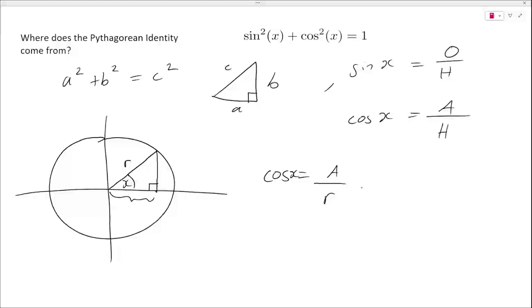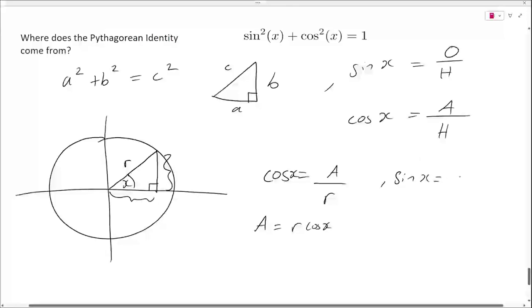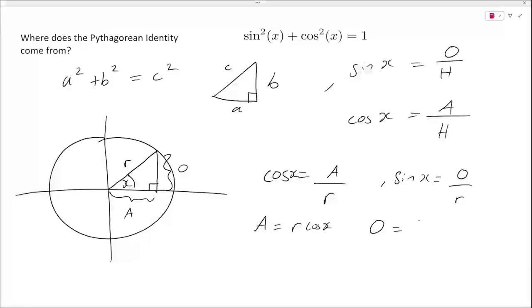Okay, so that now means that the adjacent side length is equal to r cos of x. Similarly, for our vertical displacement, I'll be able to say that sine of x equals opposite over the hypotenuse with a length of r. So therefore, the opposite side length must be equal to r sine of x.